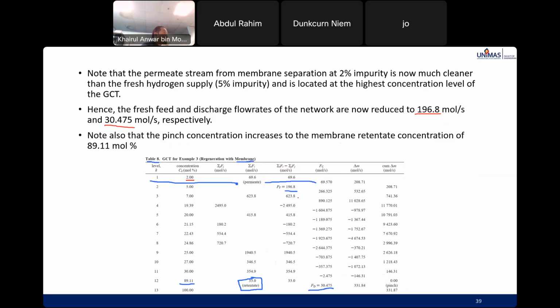It's a lot of reduction, 29% reduction of the minimum fresh hydrogen flow rate.